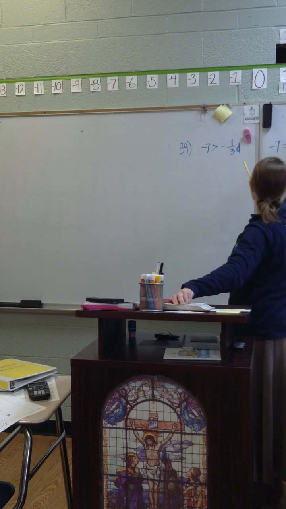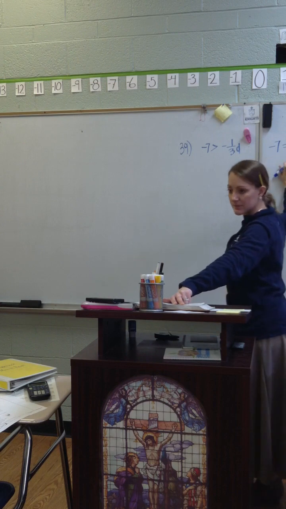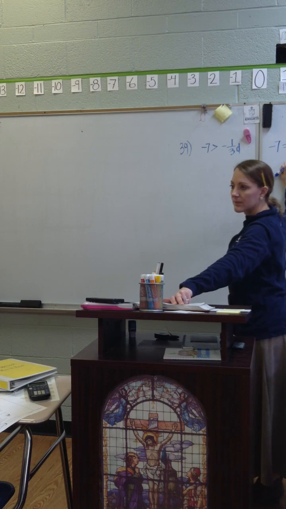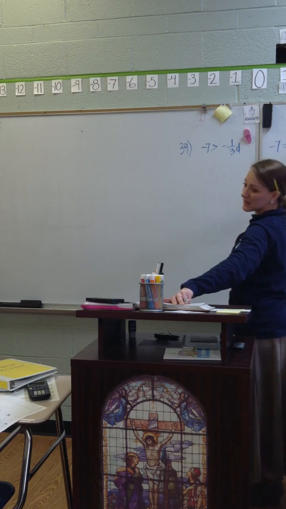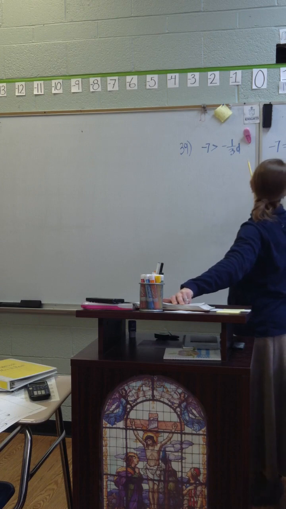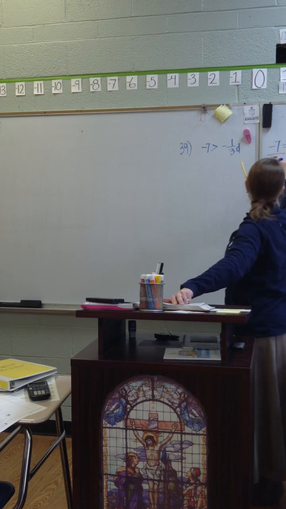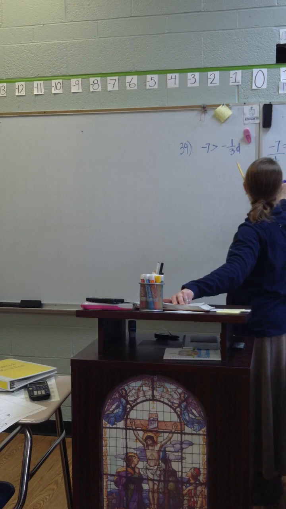How would I start this? Divide both sides by -1/3. That gives me -7 divided by -1/3 on the left side.